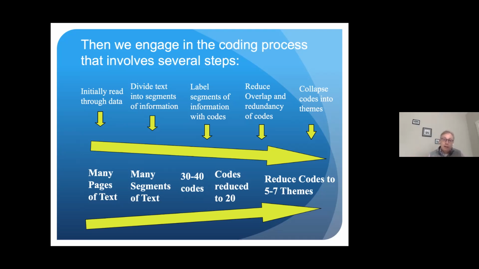But I recommend then looking for overlap and redundancy of those codes and reducing it to a more manageable, parsimonious set. So this says 20, I would say that 20 to 30 codes tends to be a little bit more manageable.